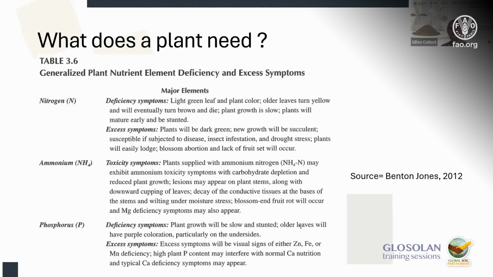It's symptoms of other elements such as zinc, iron, and manganese that can be deficient if there is too much phosphorus in the soils, because phosphorus will bind to these elements and they will be less available for the plant.